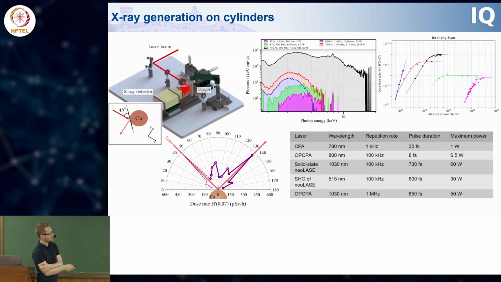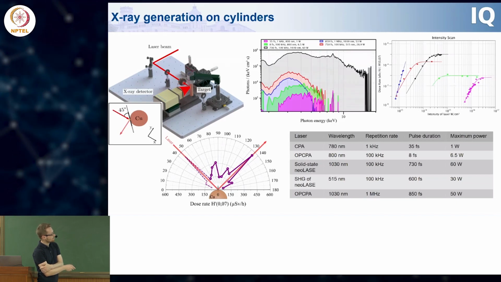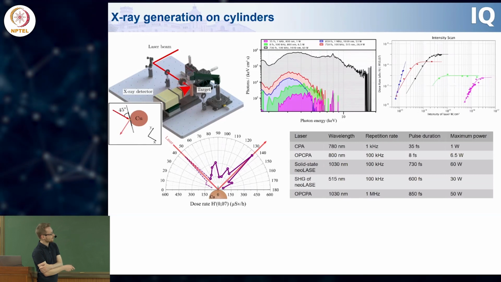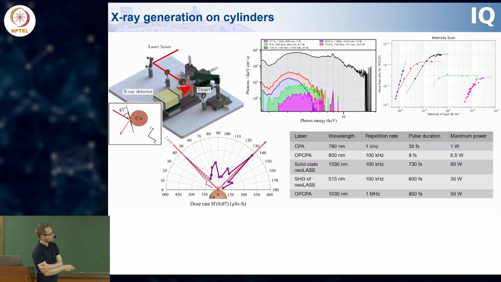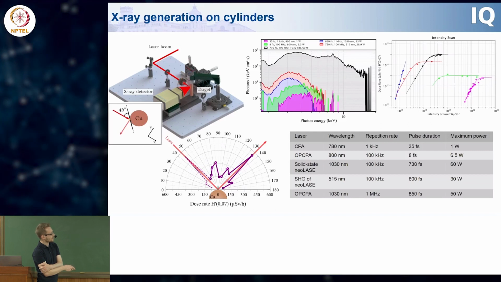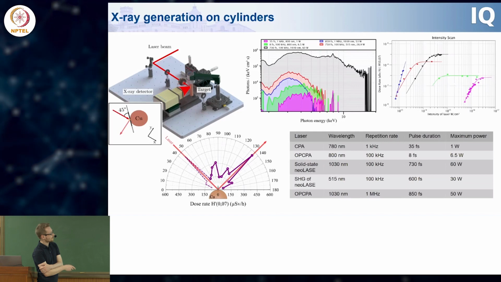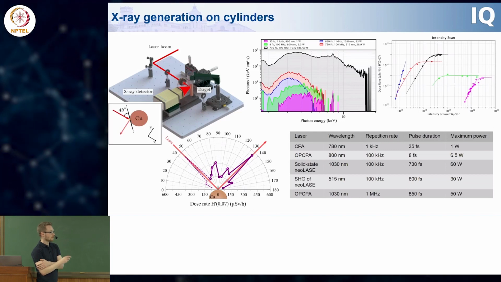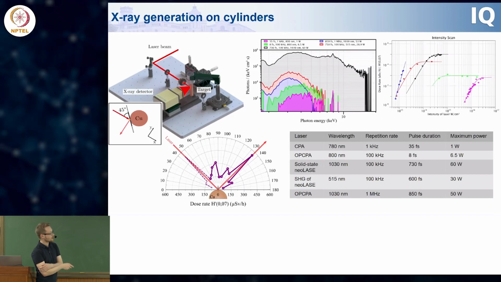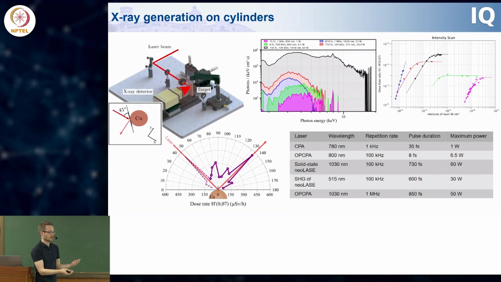What you importantly see is that you have a scaling depending on the laser you have. Here you see some femtosecond lasers that you generate plasmas with. If you take a high rep rate laser with medium pulse energy, you scale very sharply just based on the repetition rate of the laser.